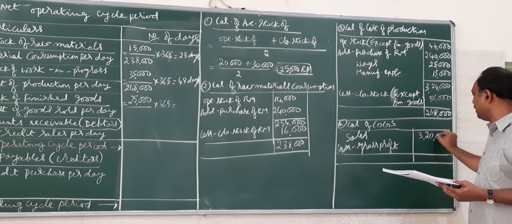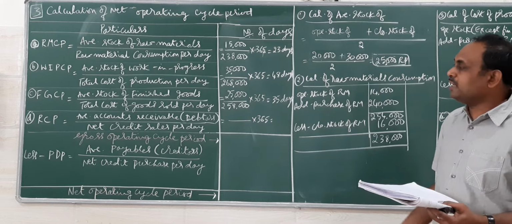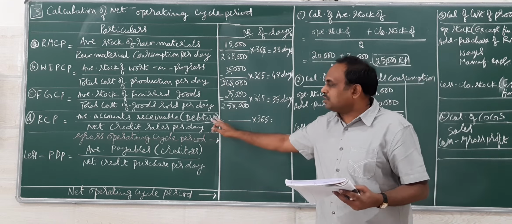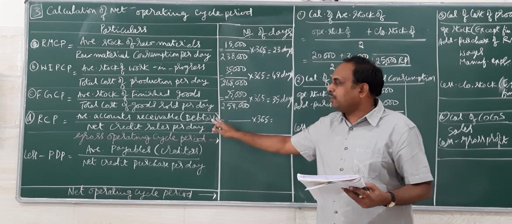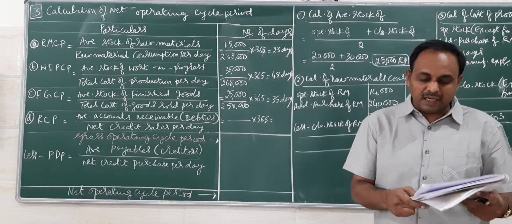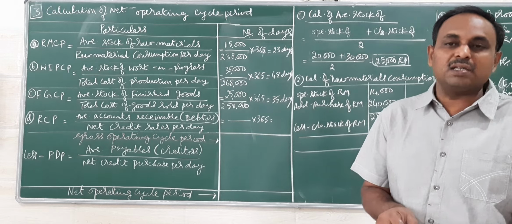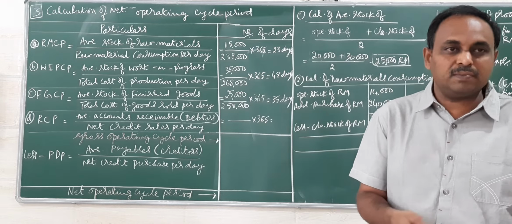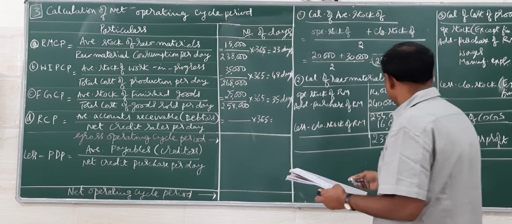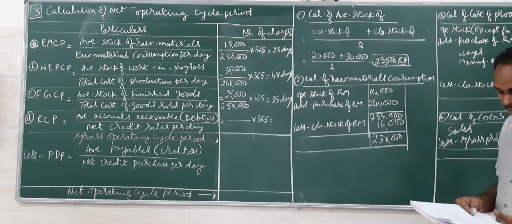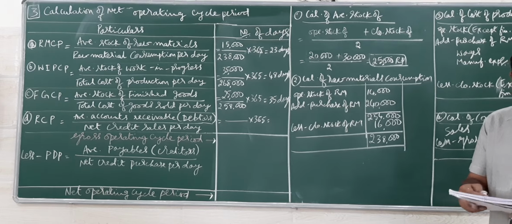Then we will move on to the next one, that is RCP, that is connected to receivable conversion period. So accounts receivable is nothing but debtors, that is connected to the credit sales. Then we have to check in the problem given the receivables or debtors. So average debtors we have to find here.